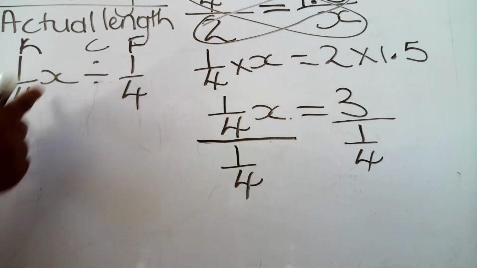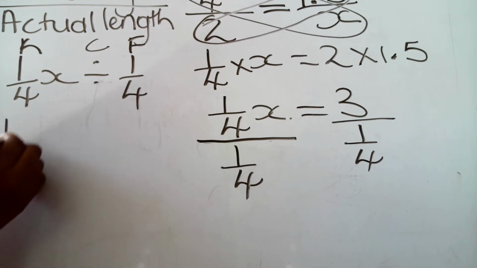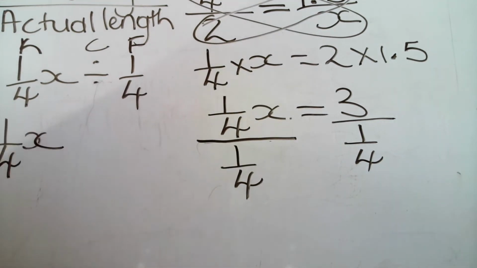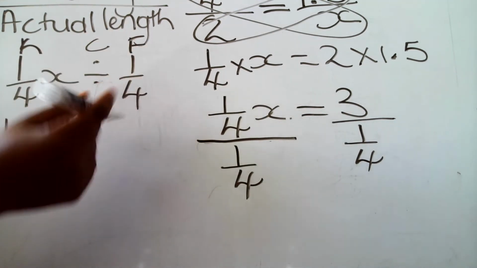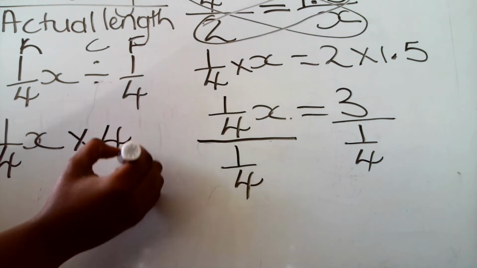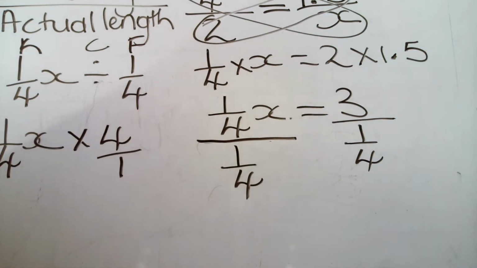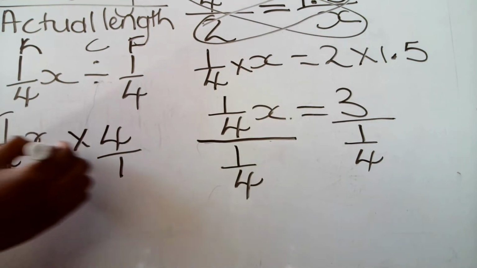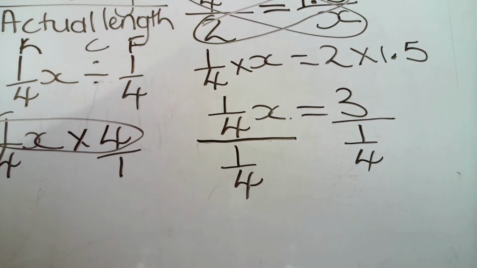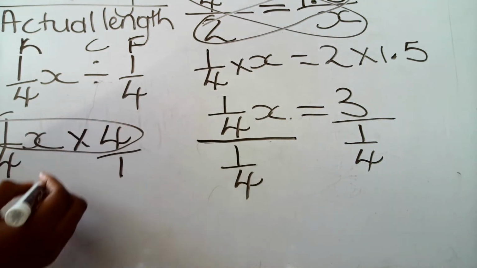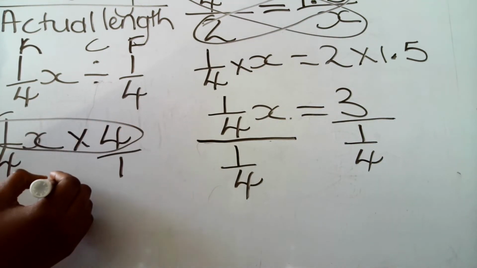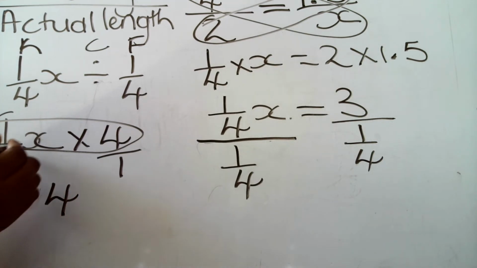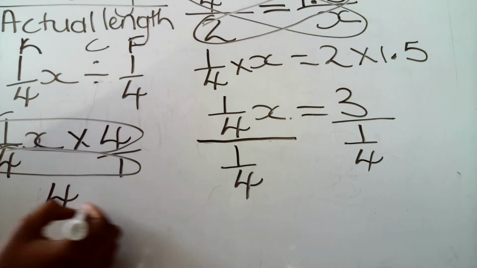So we keep the 1/4 x, change the division sign to multiplication, and flip, so this now becomes 4/1. Multiply numerator with numerator, denominator with denominator. 1 times 4 gives 4, and 4 times 1 also gives 4.